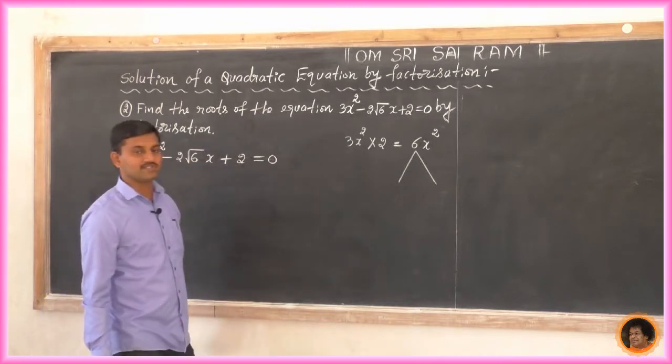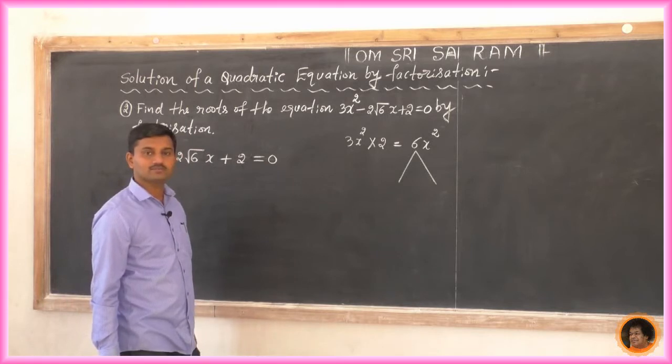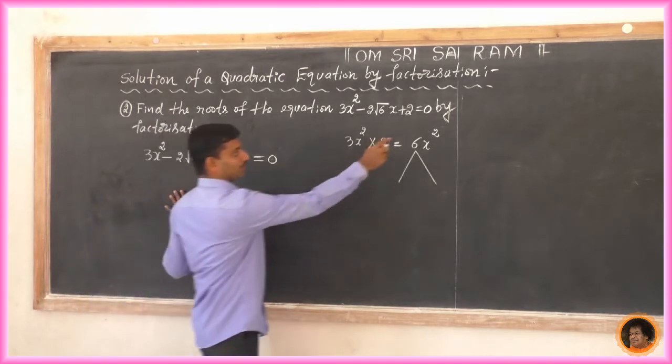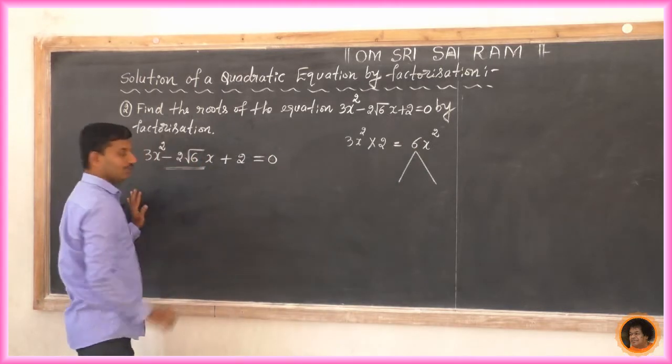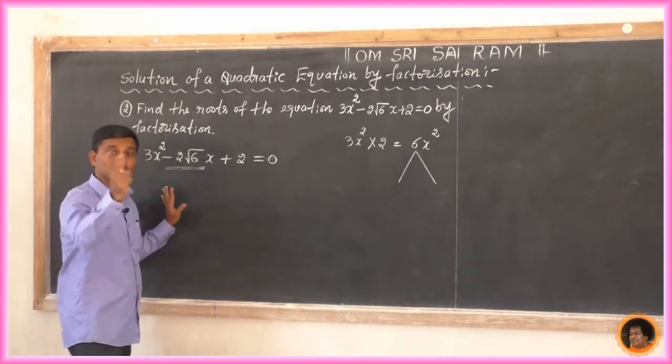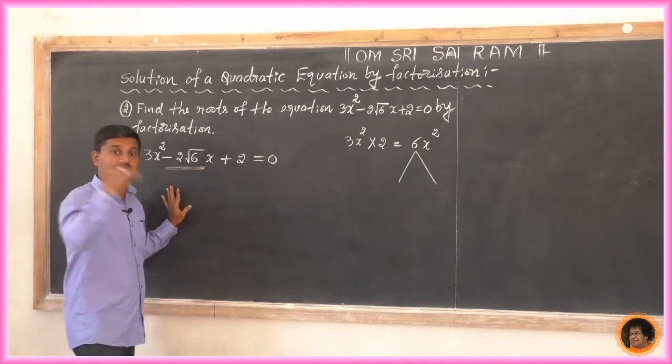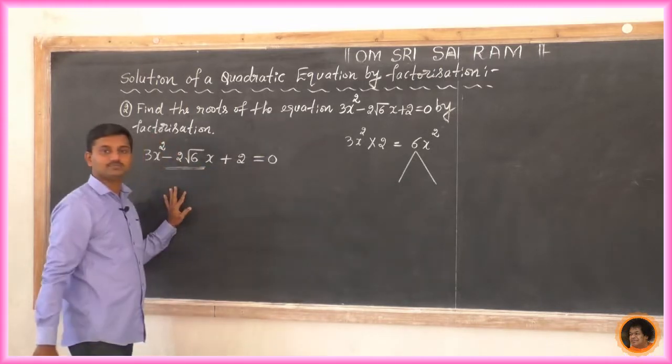How to factorize 6x square? Which are the two factors which satisfy the product as well as the sum?